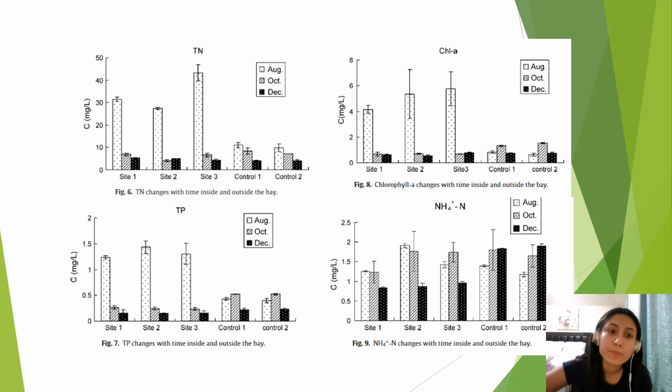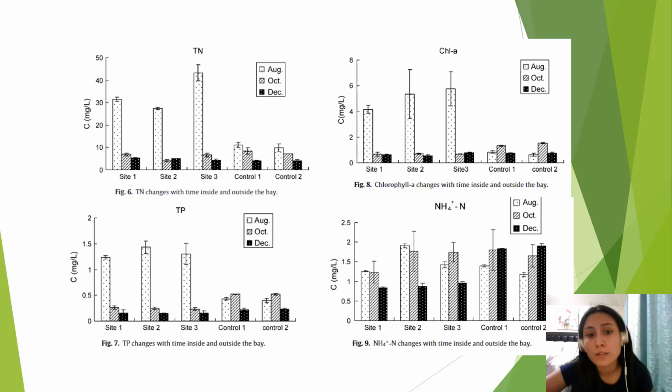And okay, so from this data, they measured the various amounts of nutrients in the water. So they measured the concentration of these nutrients in the various sites. So site 1, site 2, and site 3 are within the bay.